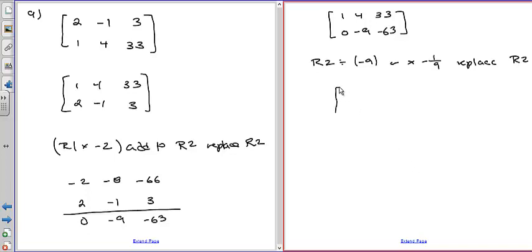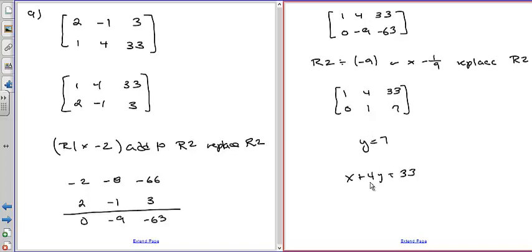So row 1 stays the same, so we get 1, 4, 33. And if we divide everything by -9, we'll get 0, 1. -63 divided by -9 is +7. So now we have the answer. We have that y is equal to 7 from here, 1, 7. And then we're left with the equation x plus 4y equals 33.